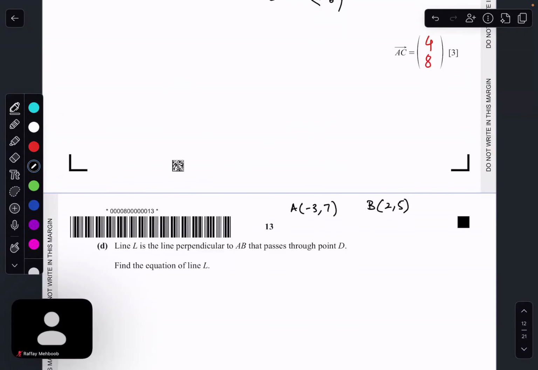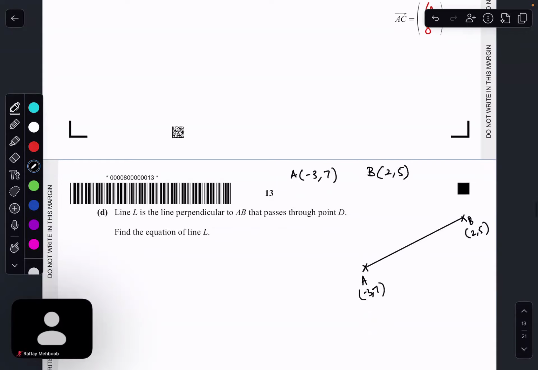Point A, let's say, we have over here, randomly drawn, and point B, let's say it's over here, (2, 5). So this is the line AB, if I join them. They're saying line L is the line perpendicular to AB. It's not line AB which we have to find the equation for. We have to find the equation for this line over here, which is perpendicular to AB.